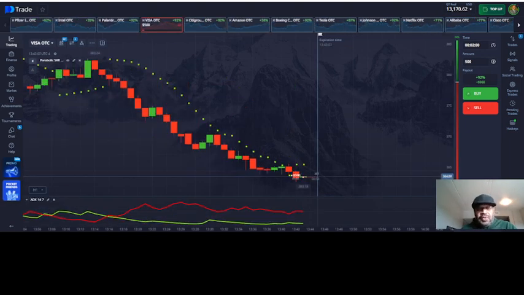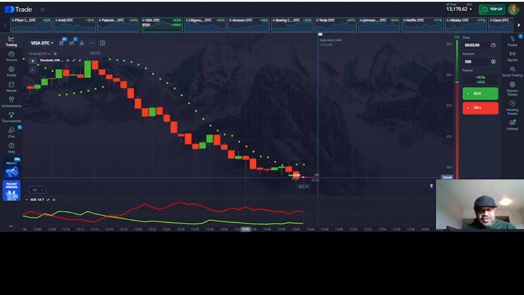I'm on Visa OTC and I just took a short. The reason I took the short, first of all, we're seeing bearish price action in the price currently. Then we see the parabolic SAR dots begin to print above the candles here, indicating bearish momentum.